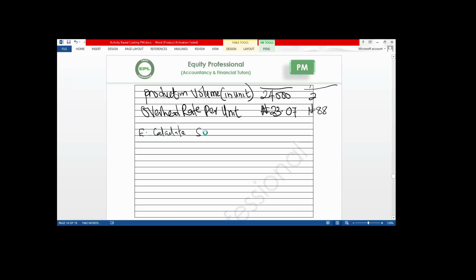Calculate selling prices using one, the traditional approach, and two, using the activity-based costing approach.